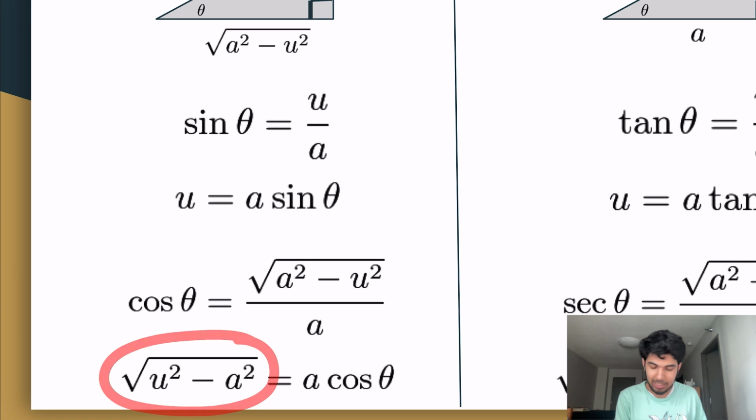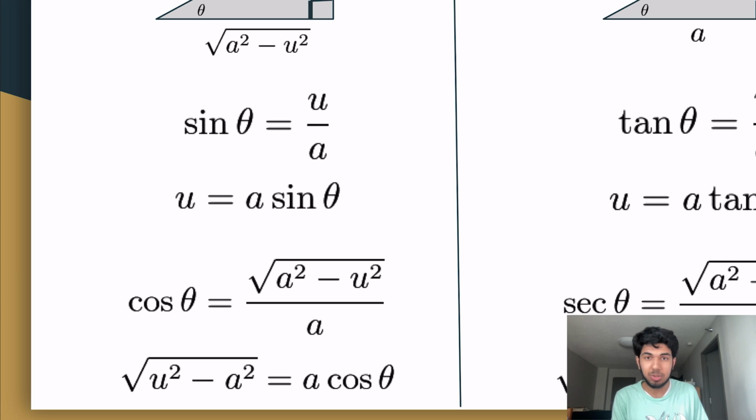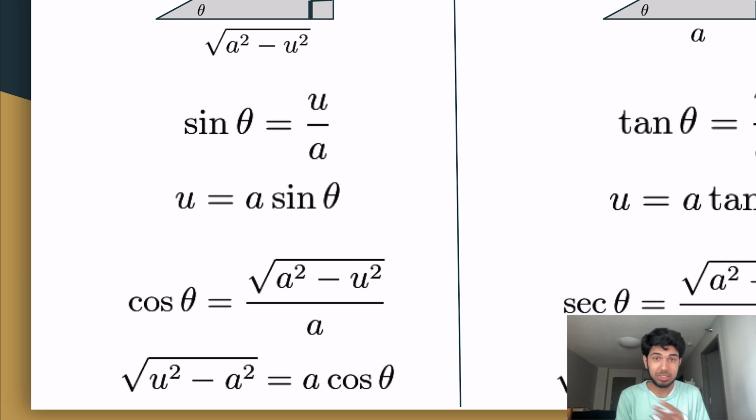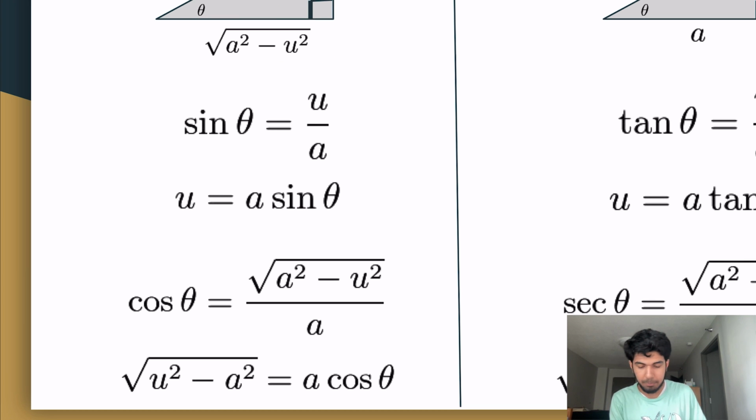So we see this, we can substitute it now with a cosine of theta, but since we're doing a change of variables, we'll have to change du to be in terms of theta. So we have u equals a sine of theta, we can solve for du that way. It may sound a little bit confusing, we'll do an example together in just a moment, but that's the general idea. Get rid of this nasty square root thing by converting it into the world of theta using a trig function.